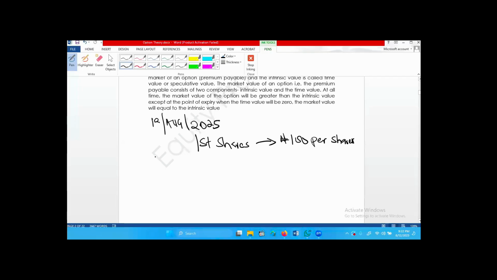That future specified date is 12 December 2025. This price you obtain today is called exercise price, or you can call it strike price. That is the predetermined price at which you are going to buy First Bank shares at a future specified date.